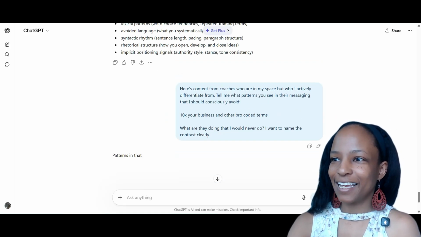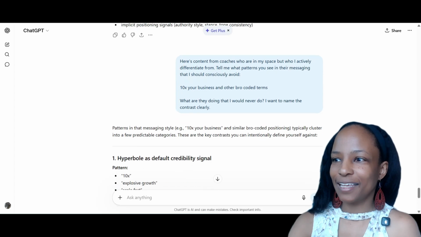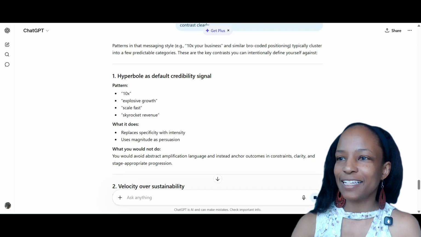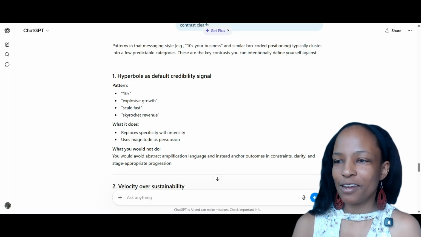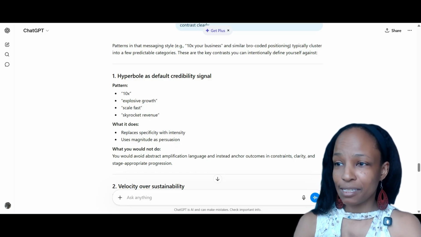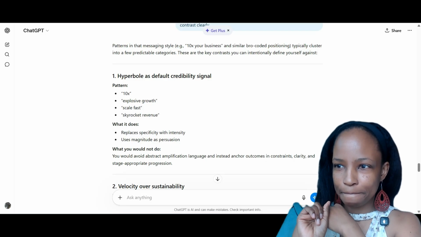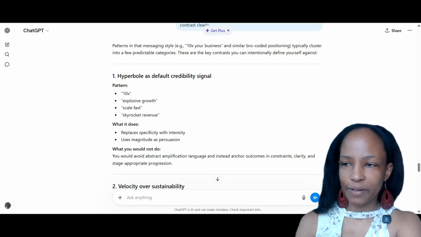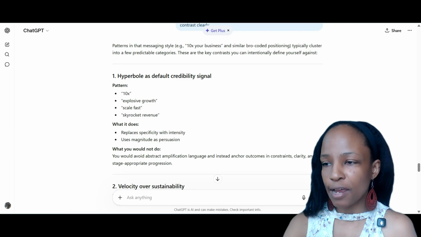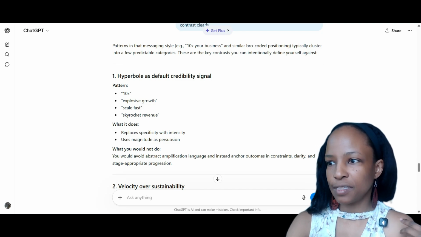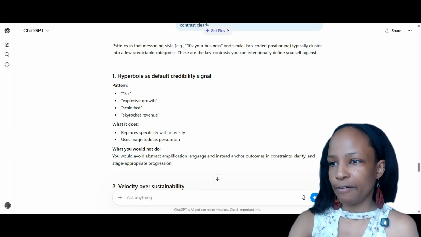So we're going to say, okay, we're not going to say 10x explosive growth, scale fast, skyrocket revenue, and we're going to replace all that stuff with specificity. I'm going to avoid abstract amplification language, and we're going to anchor outcomes and constraints, clarity, and stage.